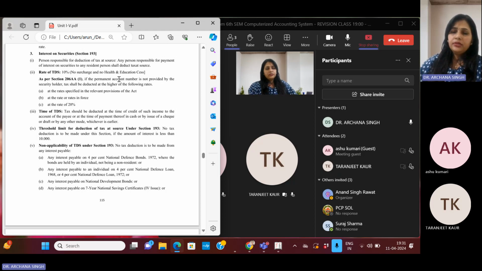Okay, so they have to deduct the tax at source, that is TDS, and the rate of TDS is 10%, with no surcharge and no health or education cess.